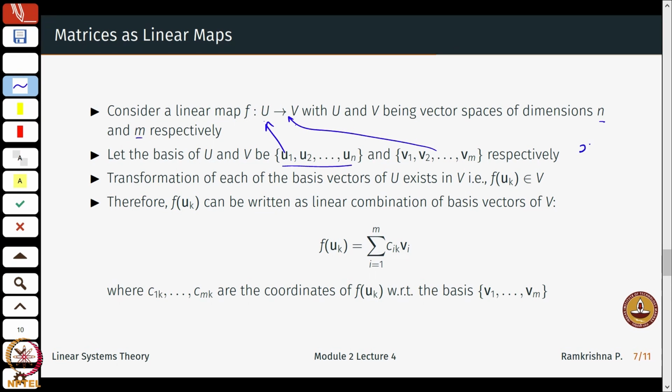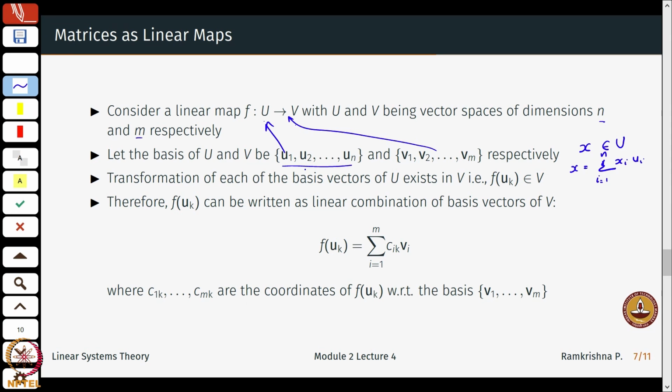Any element x belonging to u can be written as x equals summation i equal to 1 to n of xi ui, just from the definition of the basis.